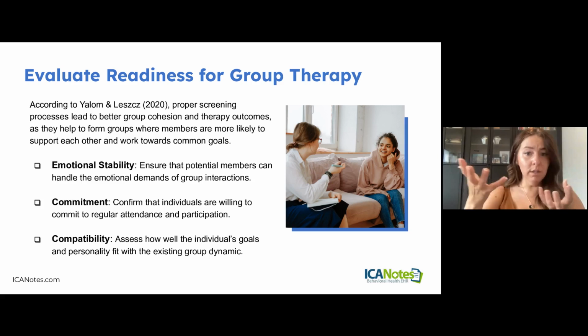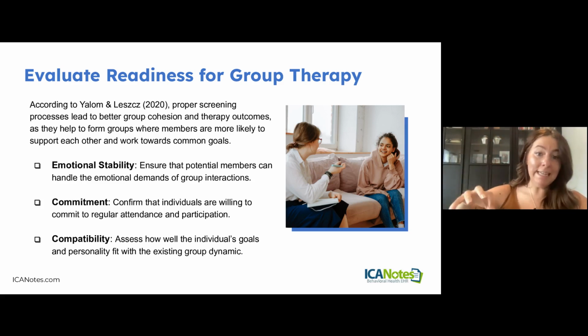Those will be oil and water. And so that person would need individual attention for a while until you could really gauge, are they ready to be in a group setting in a way that is going to be helpful for them as well as the rest of the group. So that emotional stability is very, very important.